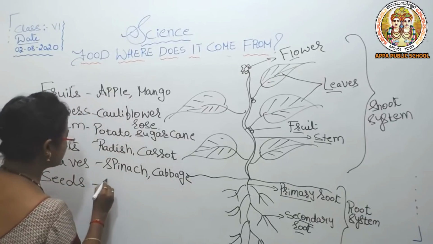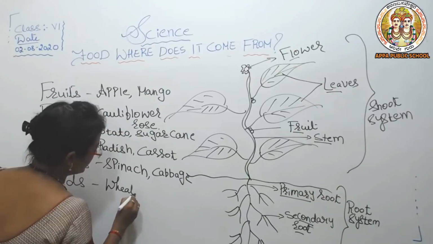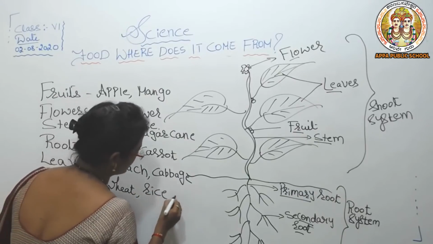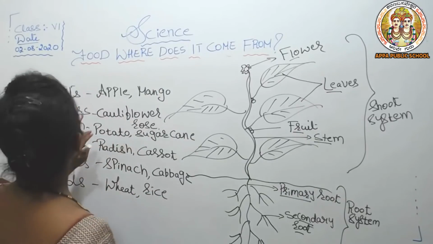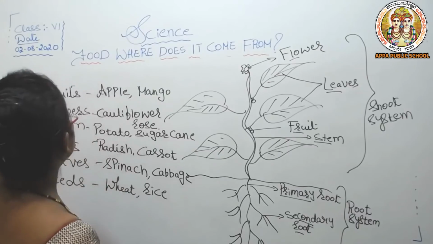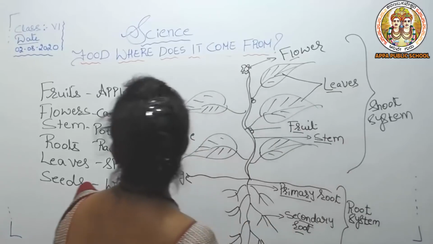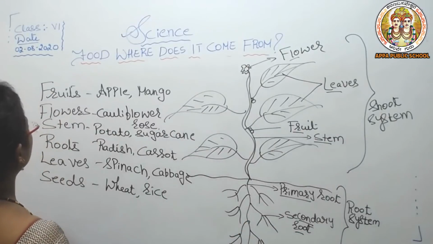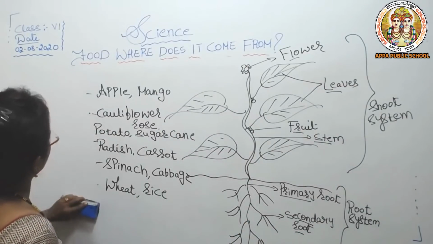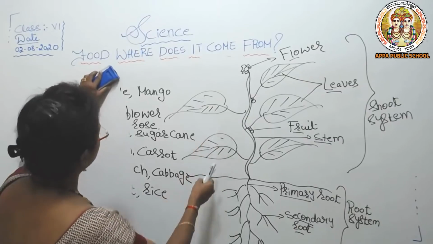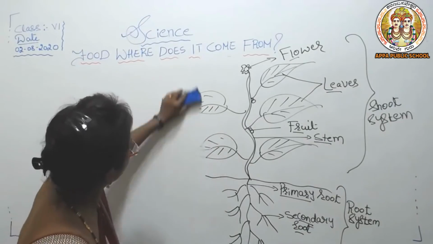And next, seeds: wheat, rice grains. Okay, so these are the sources from plants which we get. So this is all about sources from plants. Just practice this diagram at your home.